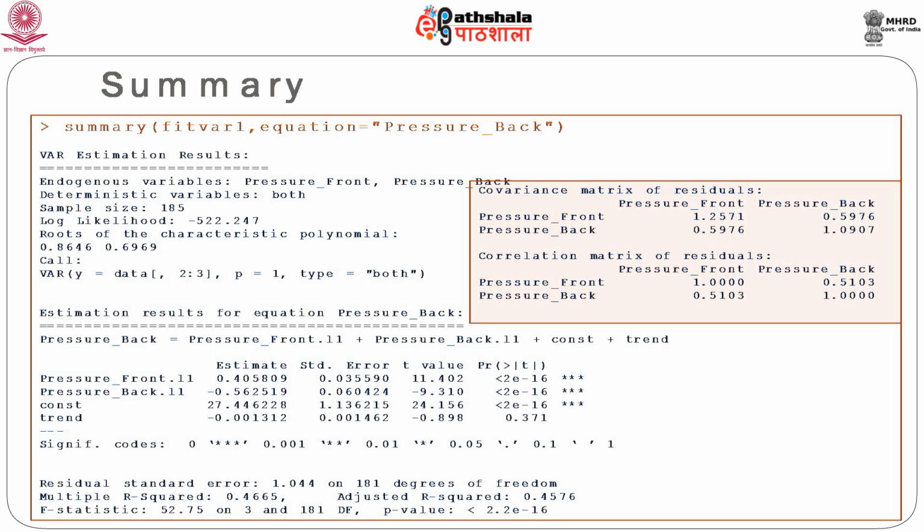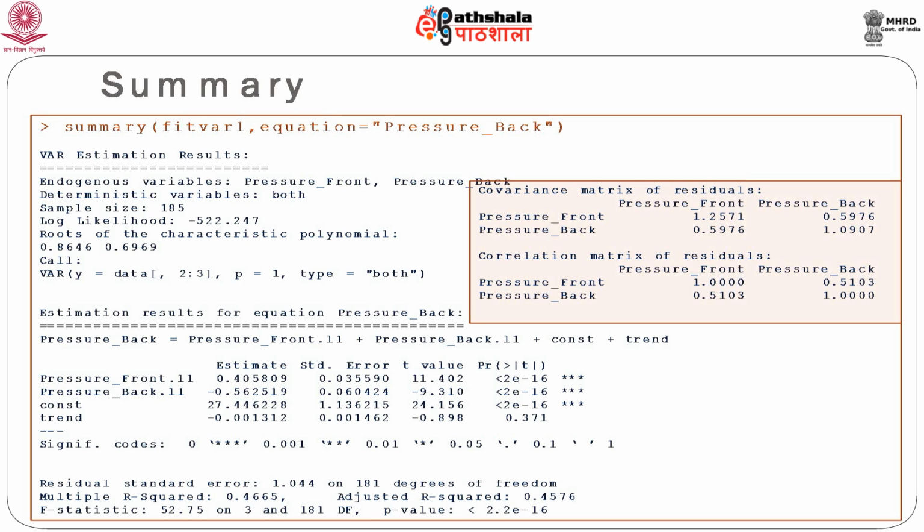Here the R square of this model is around 45% to 46%, so I can consider it as 46%. Yes, 46% of the variation can be explained by this particular vector autoregression model that I chose for this particular variable.